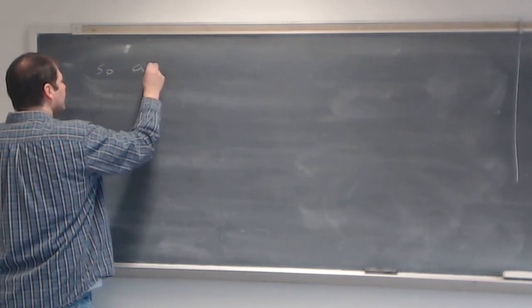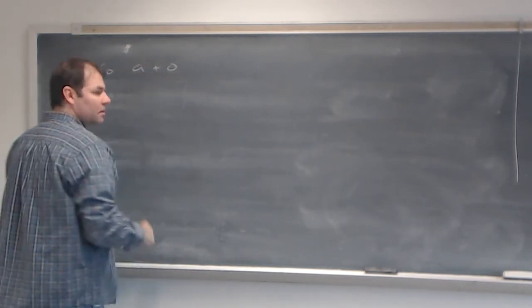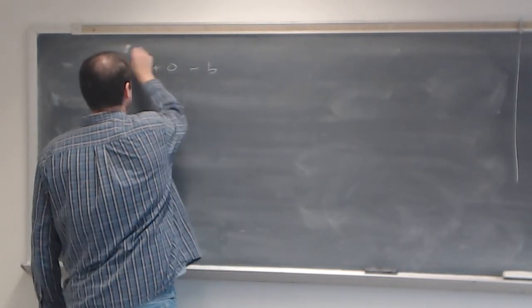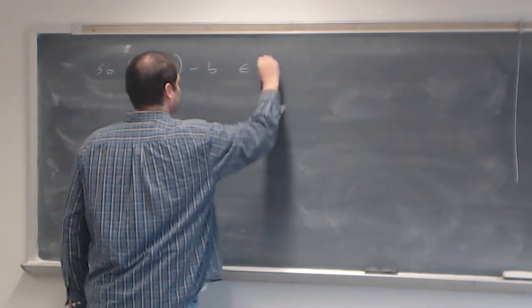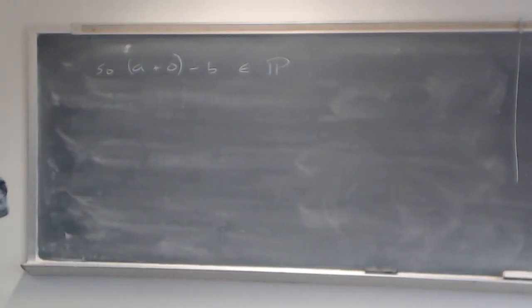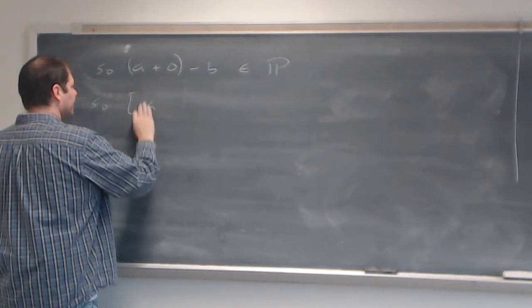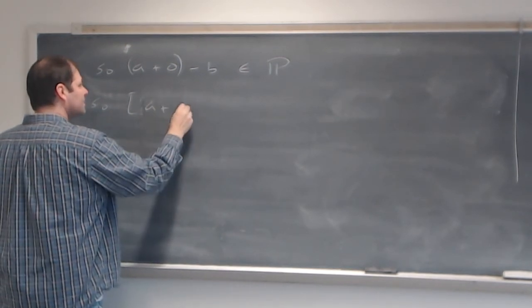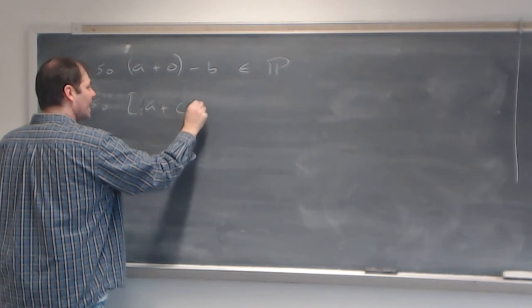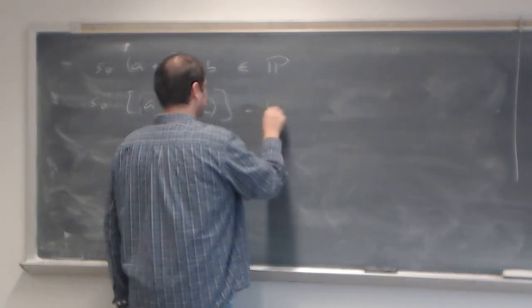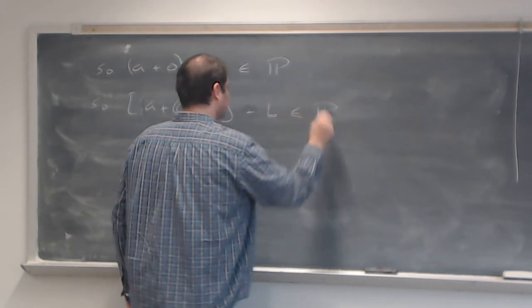So here, what I would say is, A plus 0 minus B is a positive number. That's what I got. Because A is the same thing as A plus 0. That's all I'm doing. So that says that A plus, instead of 0, let me write that down as C minus C, minus B, is an element of the positive numbers.